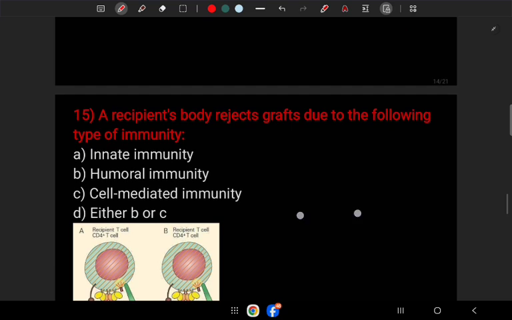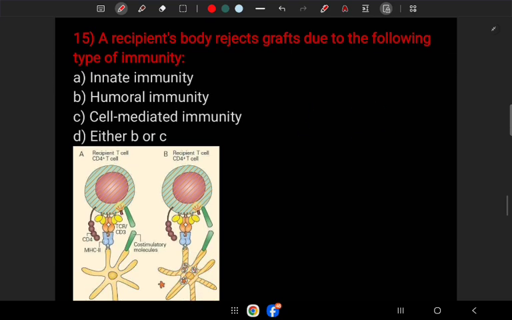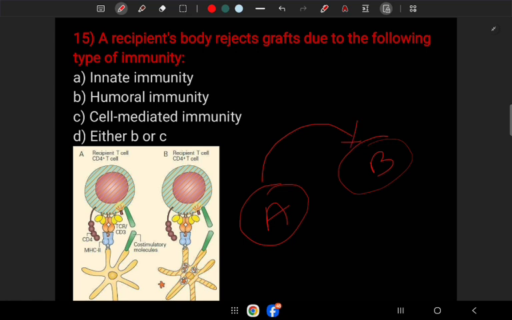Next question: a recipient body rejects a graft due to the following type of immunity. Suppose a man A and another man B. A donates a kidney to B, but the body of B rejects this kidney. Why?